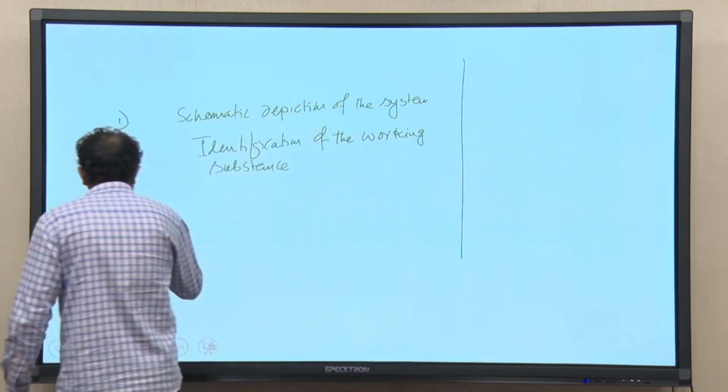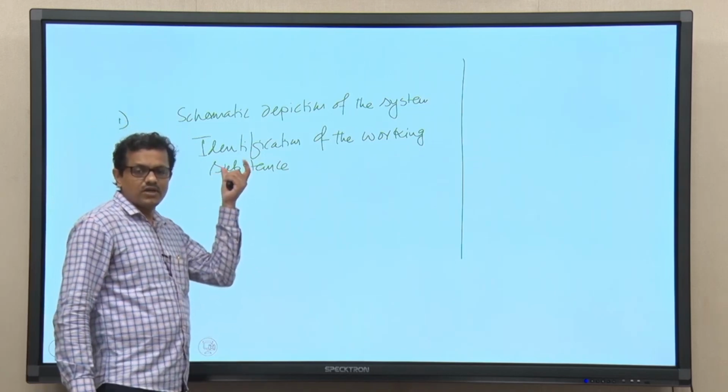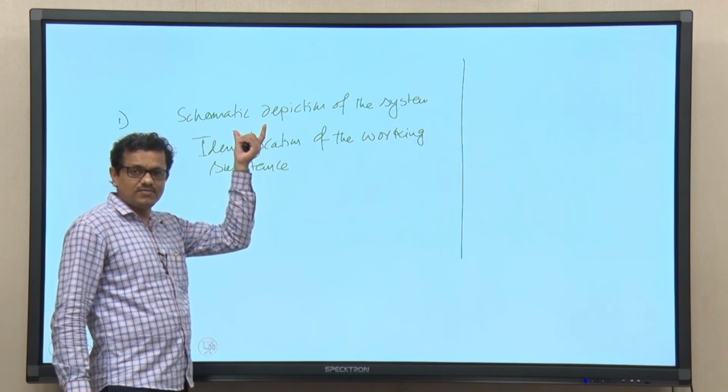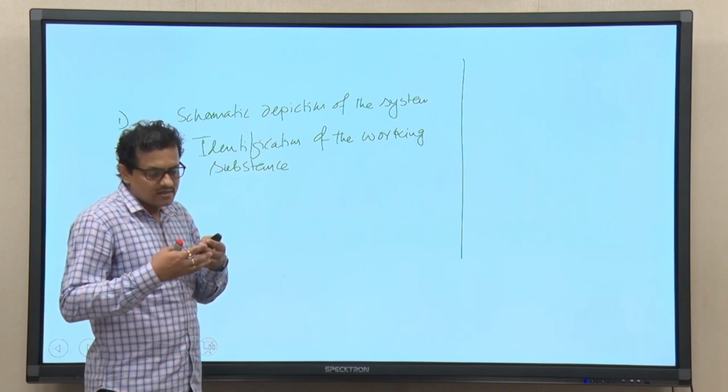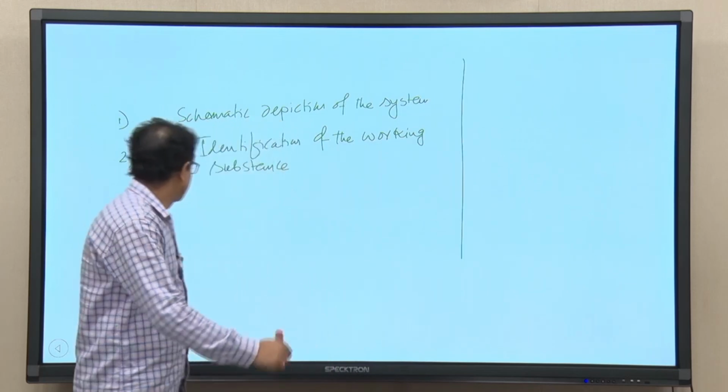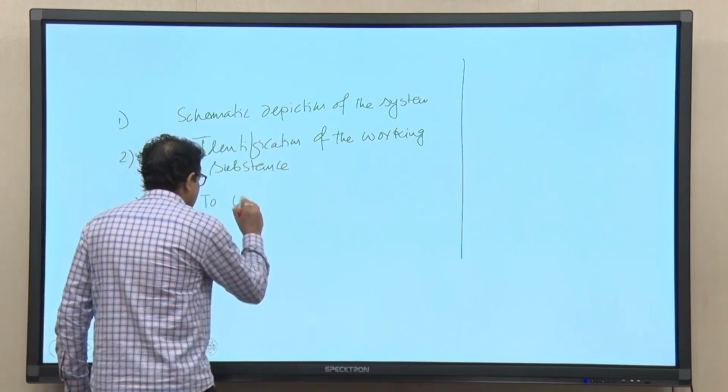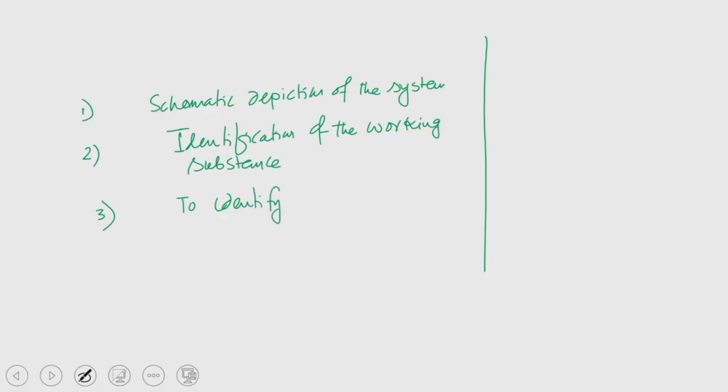Number 3, we have schematically depicted the system and identified the working substance, then we need to know whether the system is an open system or a closed system.